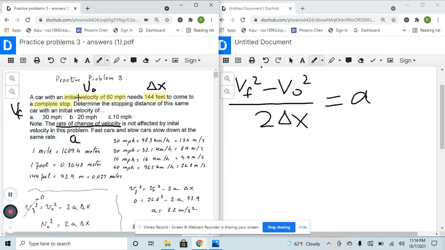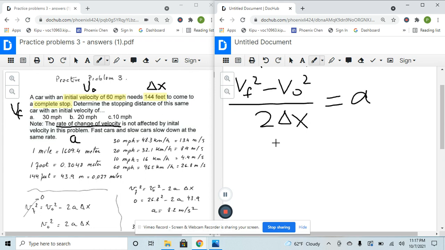So for our velocity of 60 miles per hour, based on our conversion, we'll get 26.8 meters per second. And then for feet, we have 144 feet, and that can turn into 43.9 meters. Since we're plugging them into the equation, we need to make sure everything's in the same unit of measurement. We're going to use meters and seconds.